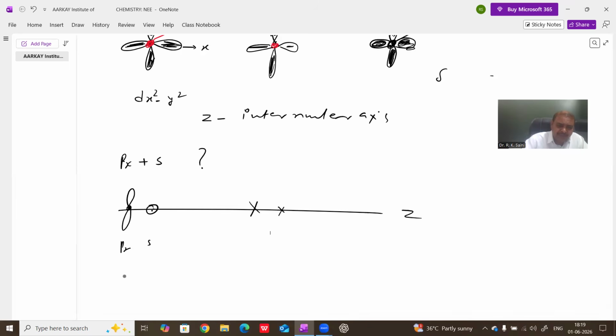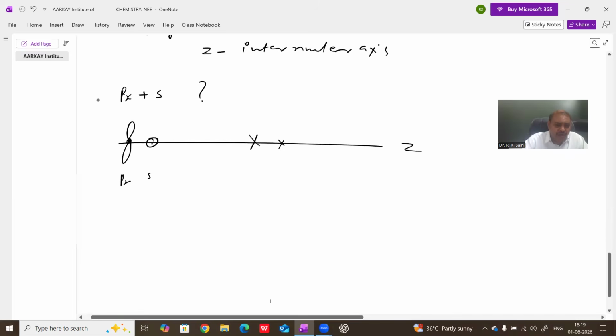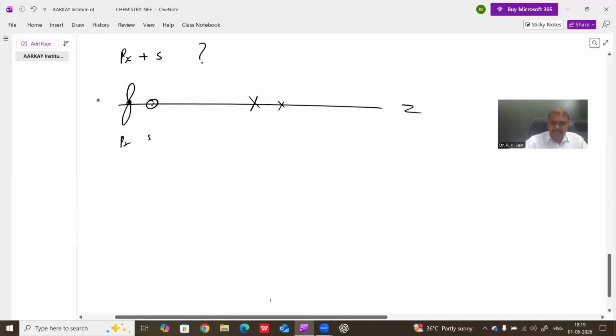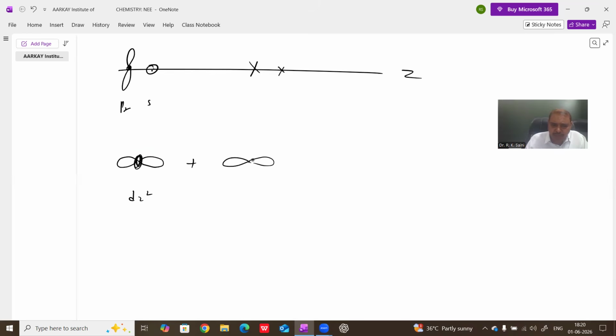Similarly, when a dz square orbital and another dz square orbital overlap, they make a sigma bond.